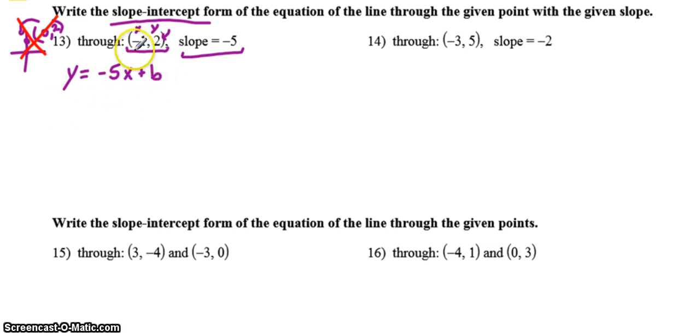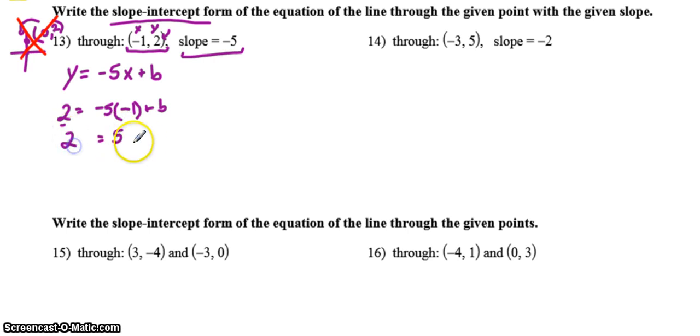So, let's see, a point on this line has an x value of negative 1 and a y value of 2. So we're going to substitute negative 1 in for x and 2 in for y, and bring that right down. And now we can go ahead and solve this equation to figure out what our y-intercept is going to be. So negative 5 times negative 1 is positive 5.